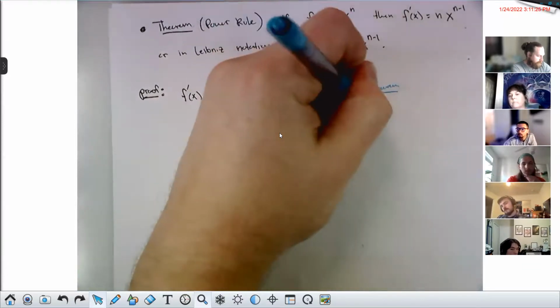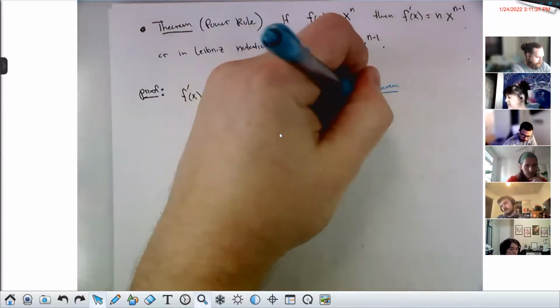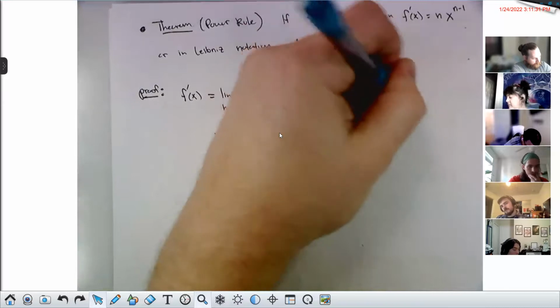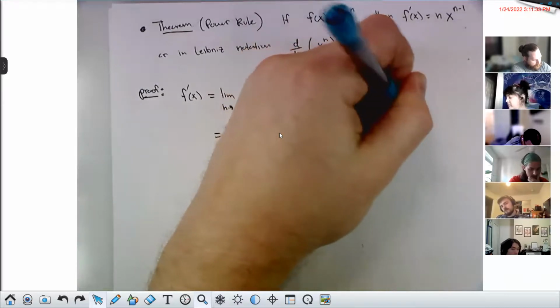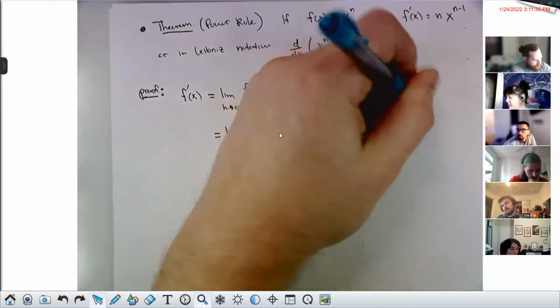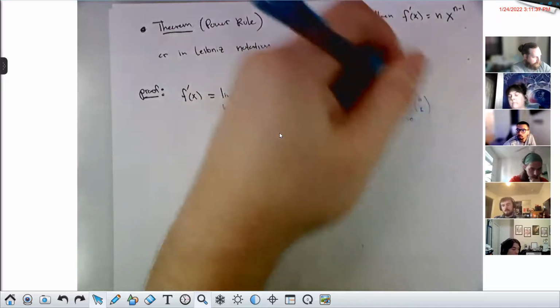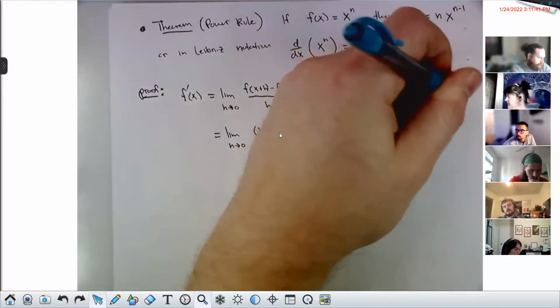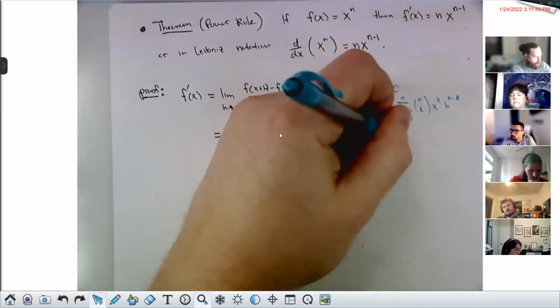That's rarely seen in pre-calculus, but ideally would be. This would be the sum from k equals 0 to n of n choose k, x to the k, h to the n minus k. You don't need to know what that means.